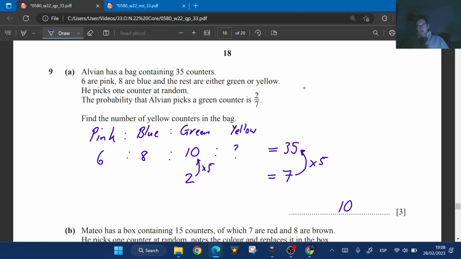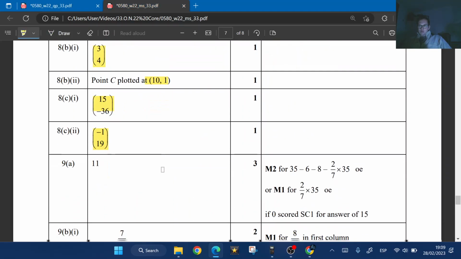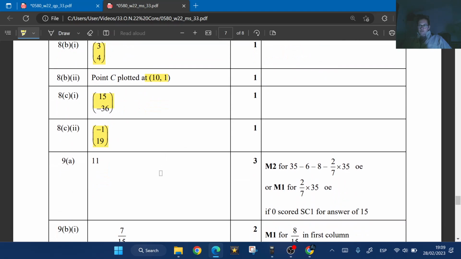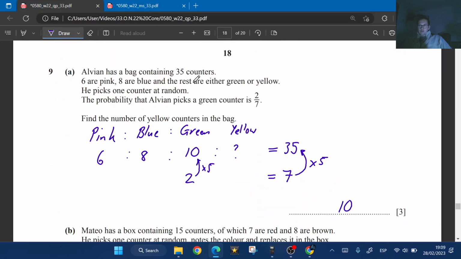We can also deduce how many yellow ones there are, but they're not asking that. And they say the answer is 11. Oh, because they ask for the yellow ones, and I wrote the green ones. So that will be 35 minus the pink ones, minus the blue ones.